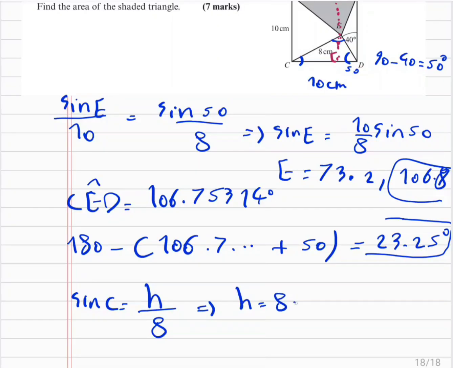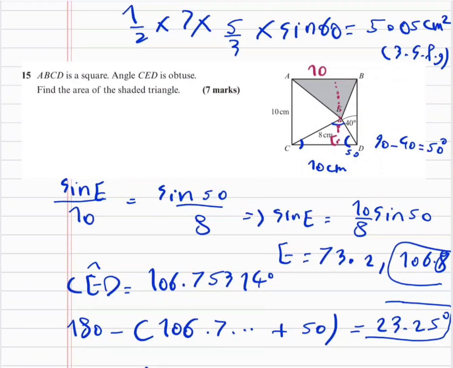So we have 8 times sine 23.25, and the value of the height is equal to 3.1575 centimeters.